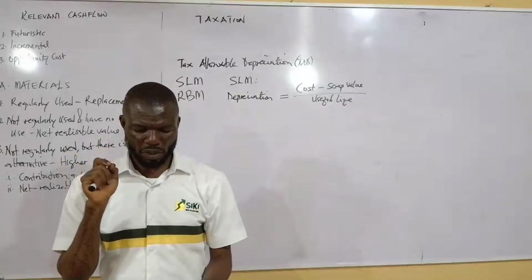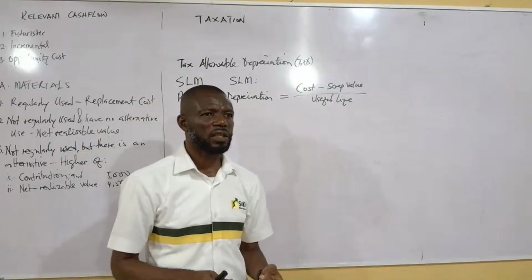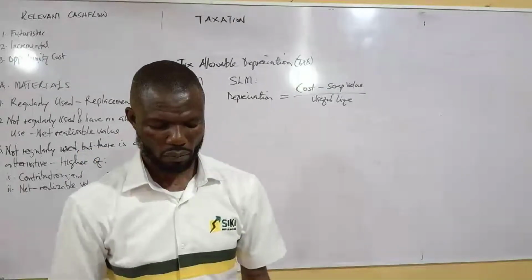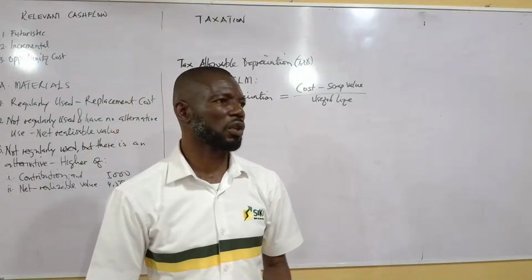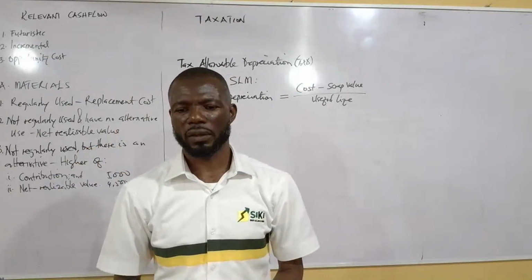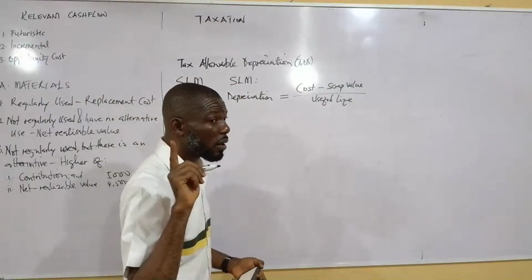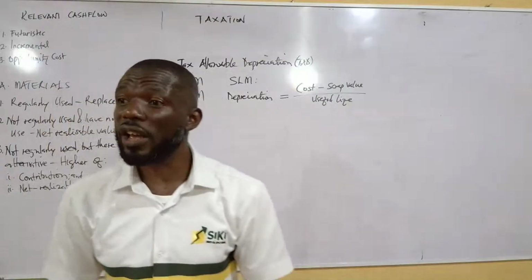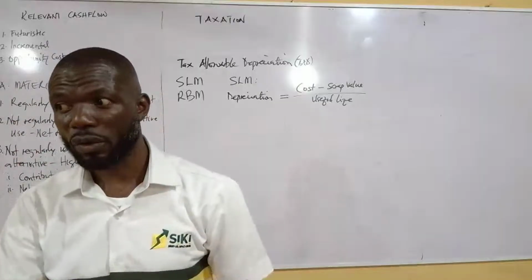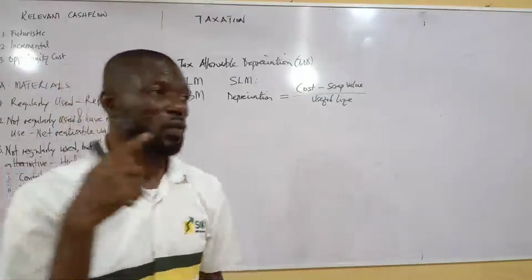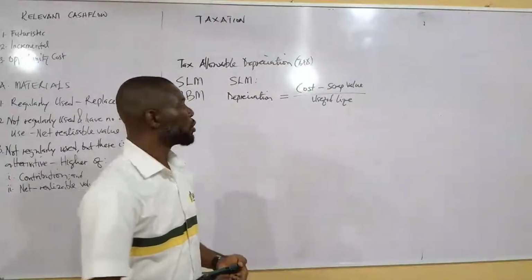Where there is balancing adjustment, your TAD, tax allowable depreciation, should be computed as follows. Today we will go ahead with balancing adjustment under tax. Don't worry if you do not hear, I will still tell you. But just take this one as I'm telling you.